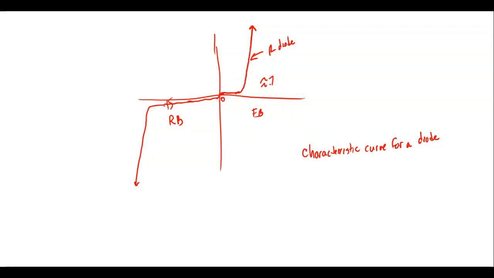Basically, what they show you is the VF, we call this the VF. So when we look at the data sheets, that's what we're going to look at. We'll look and see what the VF rating of the diode is. And it'll give you the VF at the rated current.